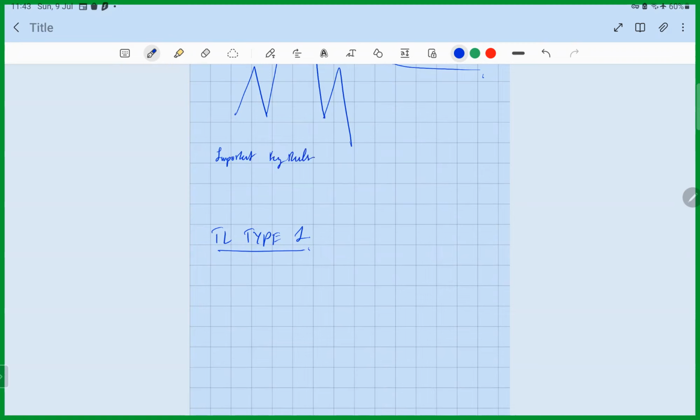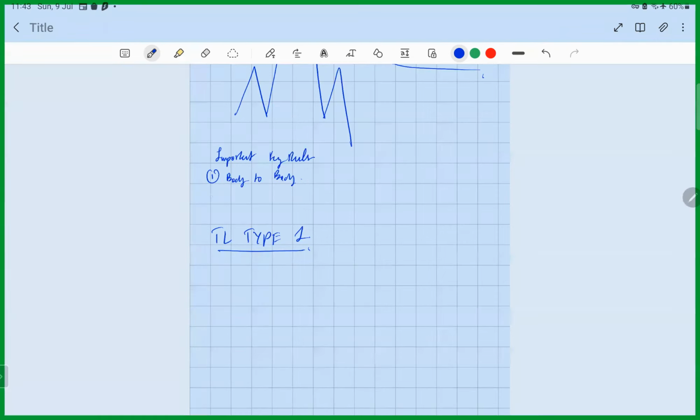Number one, body to body. I don't want some shadow-to-body bullshit. I want body to body only. If you do shadow to shadow, how many trend lines will you have? You'll have a million trend lines for one setup. So we don't want that.